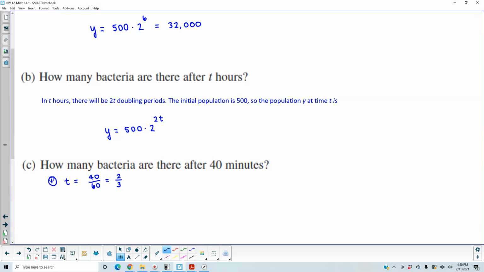So now we know what T is, and now we can plug it into our formula from part B. So Y is going to equal 500 times 2 to the power of 2 times 2/3, which becomes 500 times 2 raised to the 4/3.